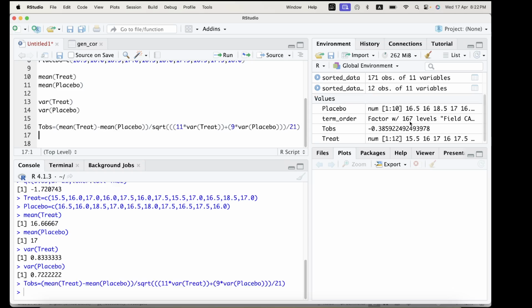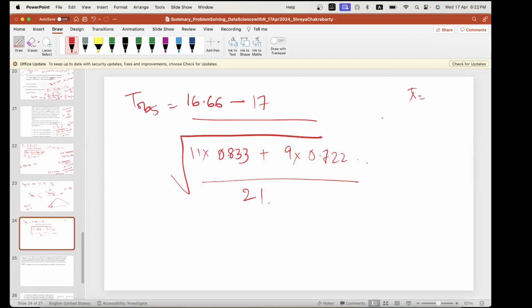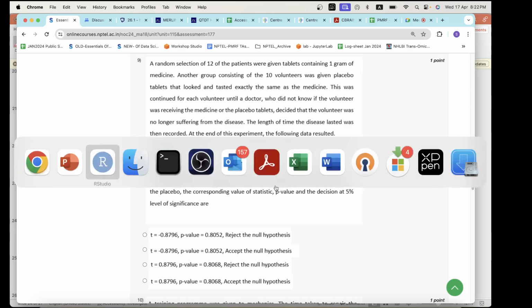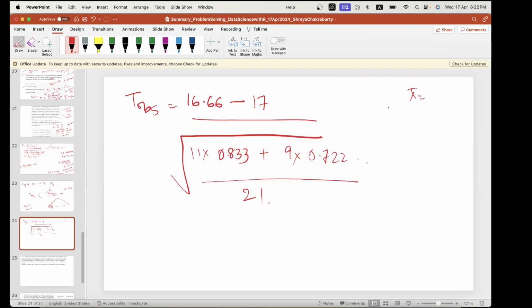So T observed is minus 0.38. This you'll find over here. See, T observed minus 0.3859. So this is minus 0.3859.